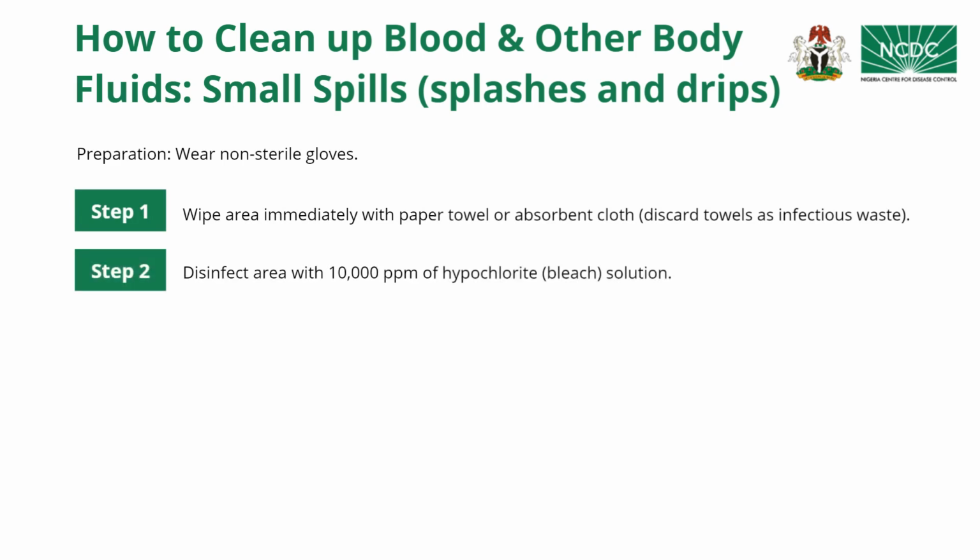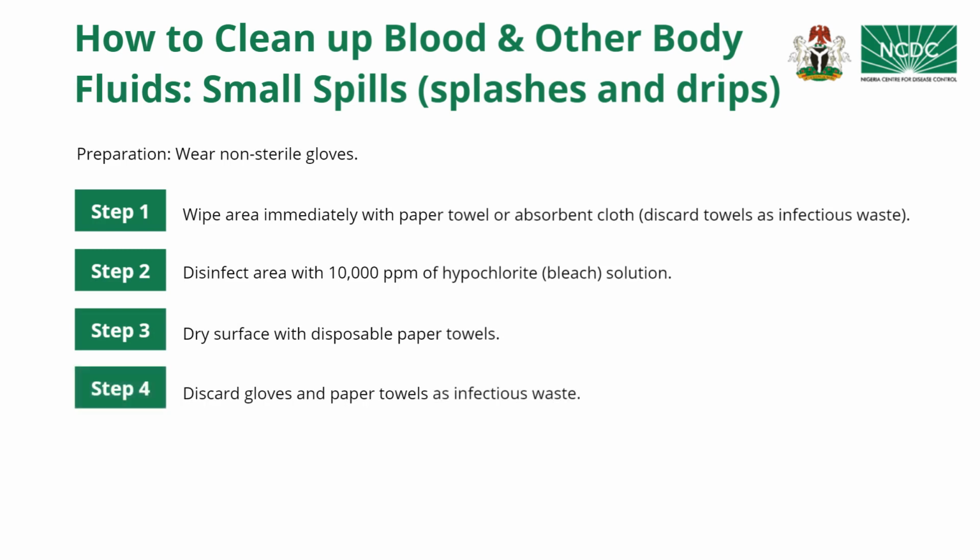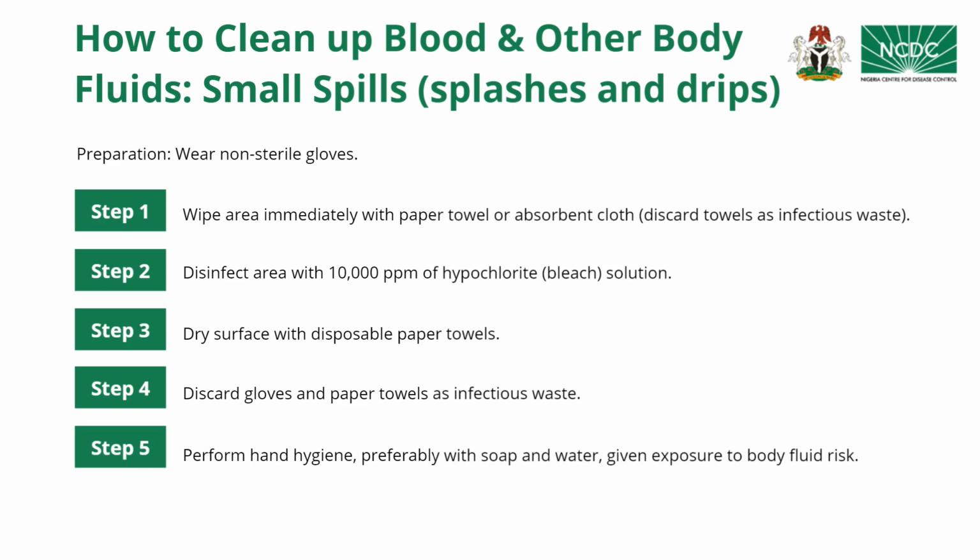Disinfect the area with 10,000 parts per million of hypochlorite solution and dry the surface with disposable paper towels. Gloves and paper towels should then be discarded as infectious wastes. Perform hand hygiene, preferably with soap and water, given the exposure to body fluid risk.